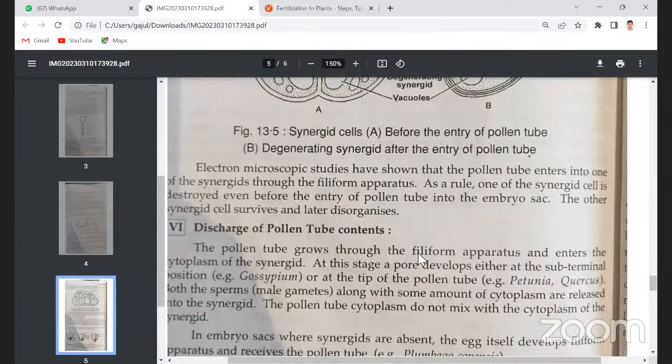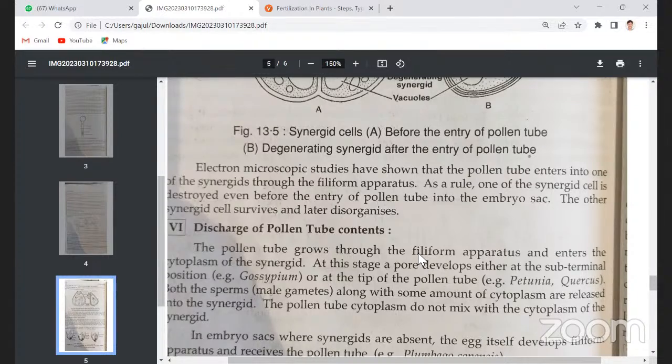So here, electron microscopic studies have shown the pollen tube enters one of the synergids through the filiform apparatus. You know where the filiform apparatus is located; we already discussed it in the previous class.